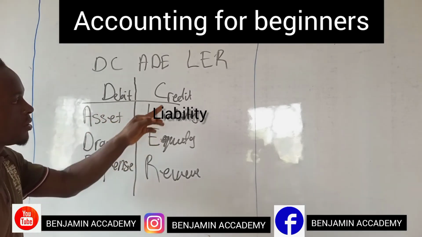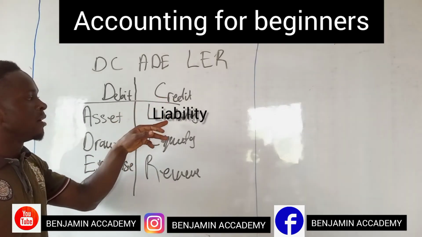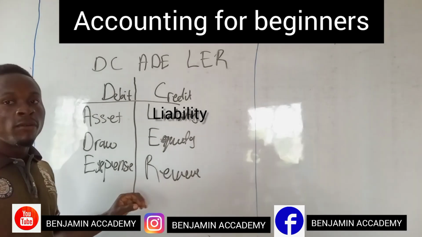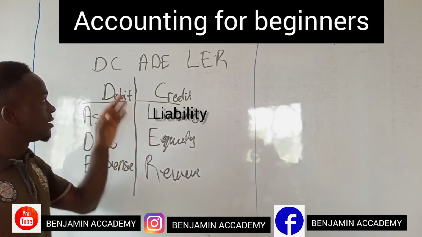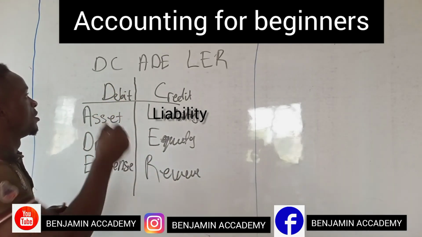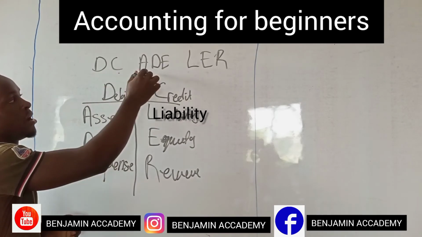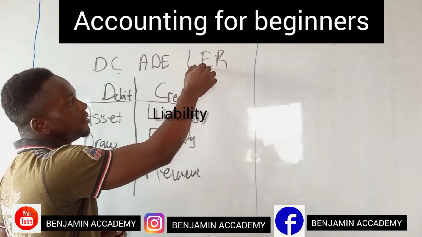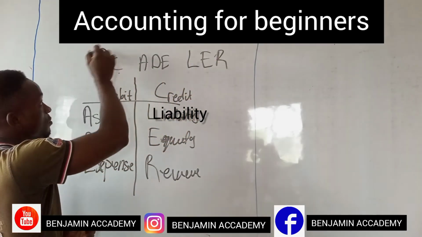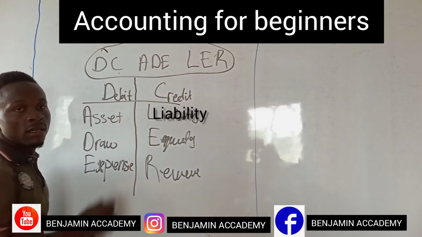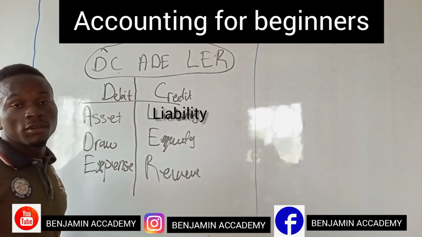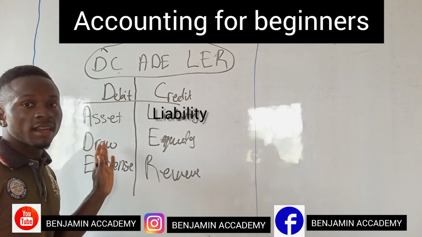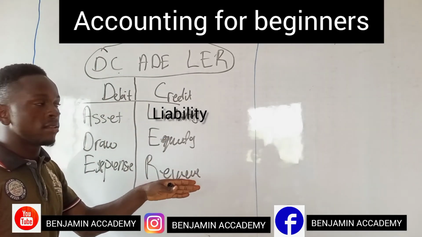The elements that fall under credit are liability, equity, and revenue. So that's how they put it in short form: D, C, D, which is A, D, E, and here, which is L, E, R. That's just the principle. You use this principle, and you come out with the understanding of how accounting recordings are being played. That is how debits are classified and how credits are classified.